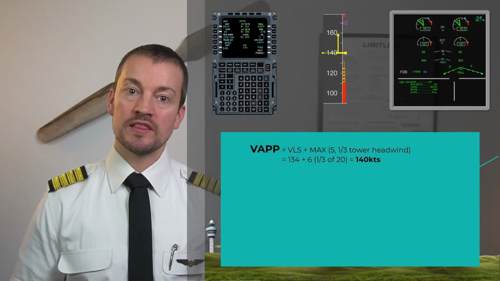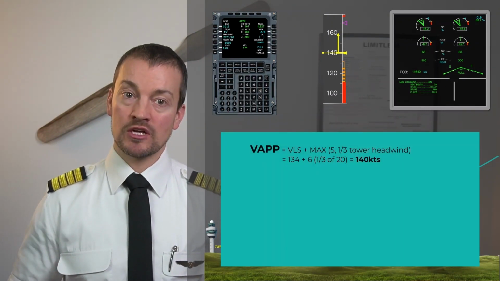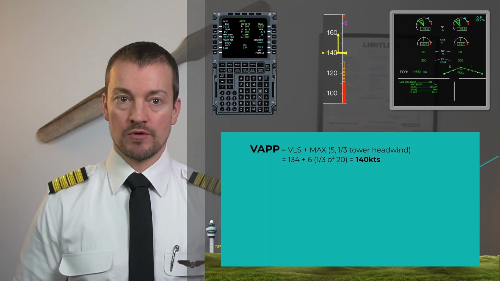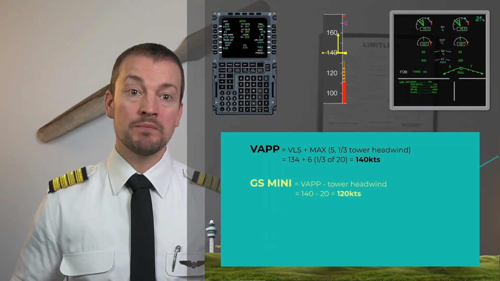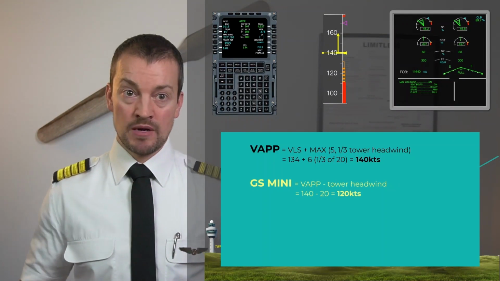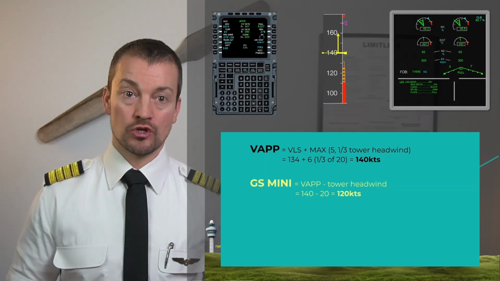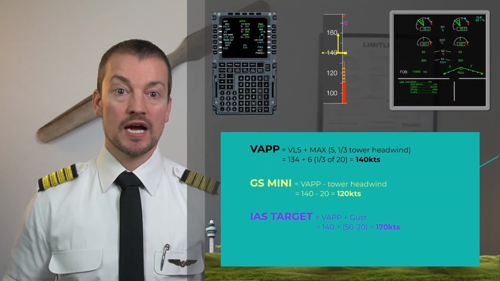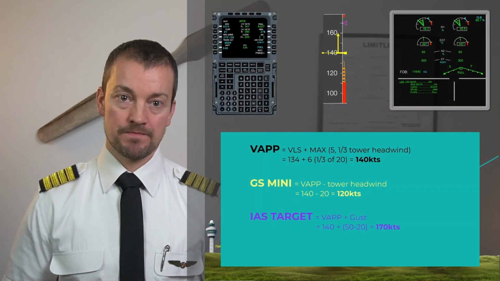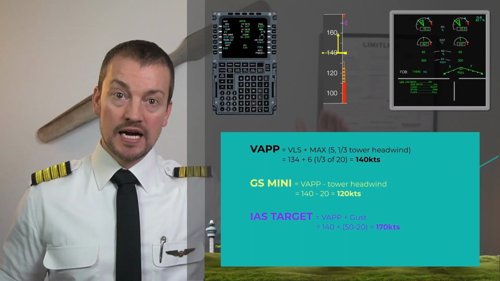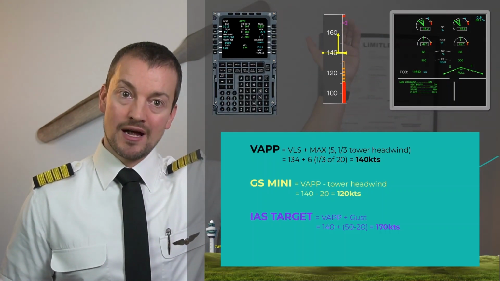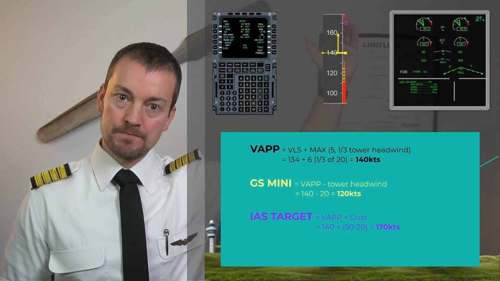So what happens with the auto thrust on and the ground speed mini function working? Well, the V approach is the same, it's still 140. Ground speed mini was 120 knots, the minimum ground speed that the aircraft should fly at any given time. But the target speed here changed. The target speed, and you can see it right here, the magenta target moved all the way up to 170 knots.